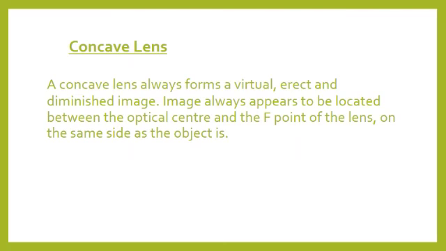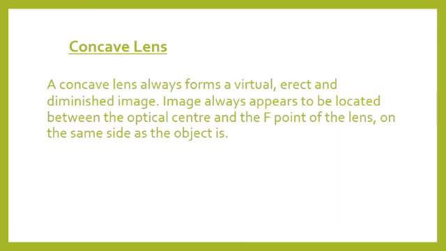Students, today we will start with the image formed by the concave lens. In the case of a concave lens, it always forms a virtual, erect and diminished image. The image always appears to be located between the optical center and the f point of the lens on the same side as the object is.